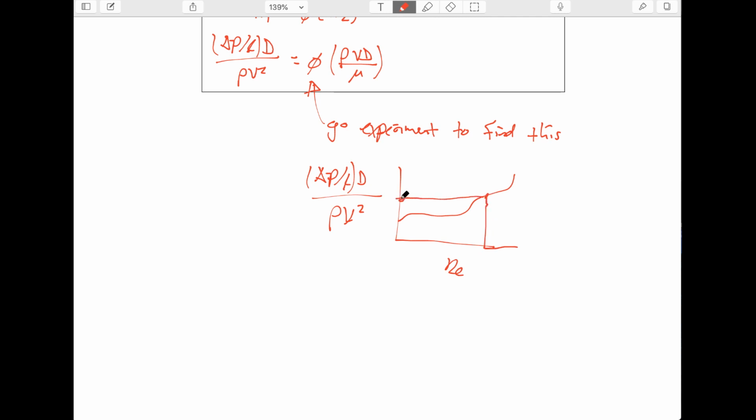That comes over here and tells us that delta P over L times D over rho V squared is equal to an actual number that we plucked off of here. We can now invert this definition and solve for delta P over L for our particular situation because we know the diameter, density, and velocity. And it actually tells us the thing we wanted to know, but it now works for any fluid.